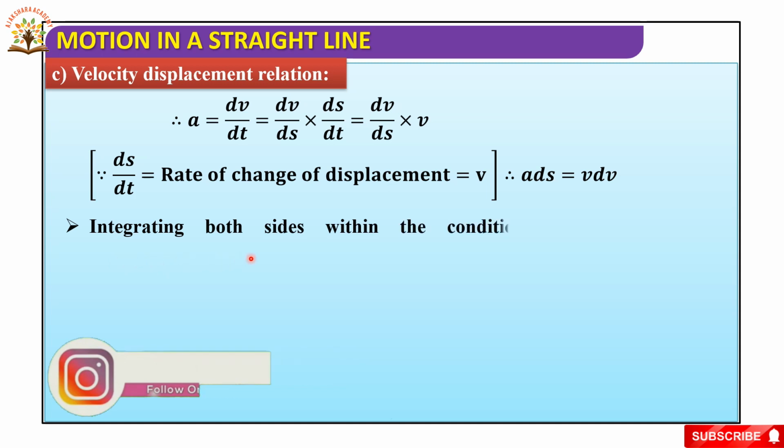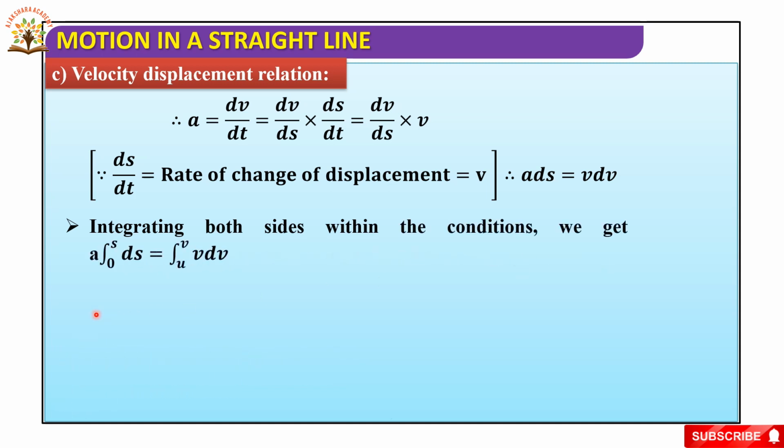Integrating both sides within the conditions, we get a times integration of 0 to s ds is equal to integration of u to v dv. So therefore as is the integration of ds, and integration of v dv is v square by 2, applying limits u to v.